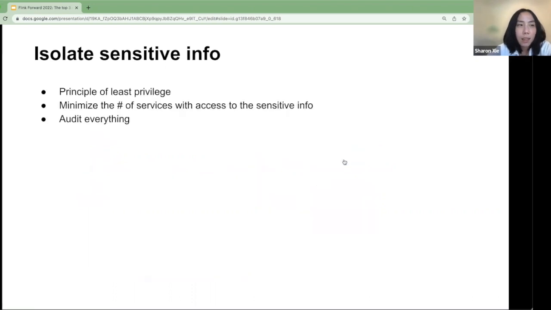Like I said, we don't have a lot of time for this, so I want to focus on the best practices and principles. One, when you deal with sensitive information, follow the principle of least privilege. Two, minimize the number of services and accounts that have access to the sensitive information. The last thing I didn't mention earlier is to audit everything.